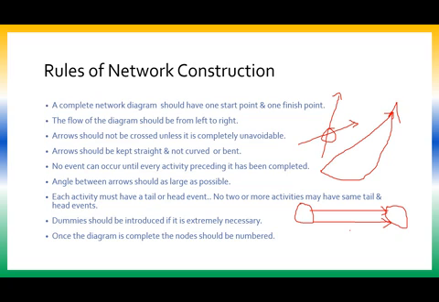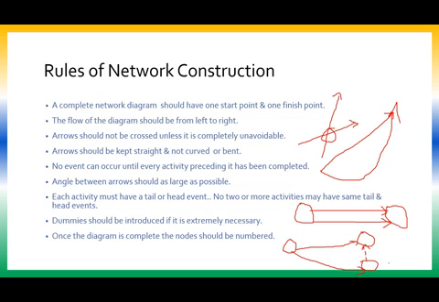When a situation comes where such an activity must appear, we make use of a dummy activity. How do we draw it? Here we draw the start event, here the end event, and from here to here we show the activity. Here we put one more event, and we show the second activity here. Because there is a logical connectivity between them, we use a dotted line to show the dummy activity, right?